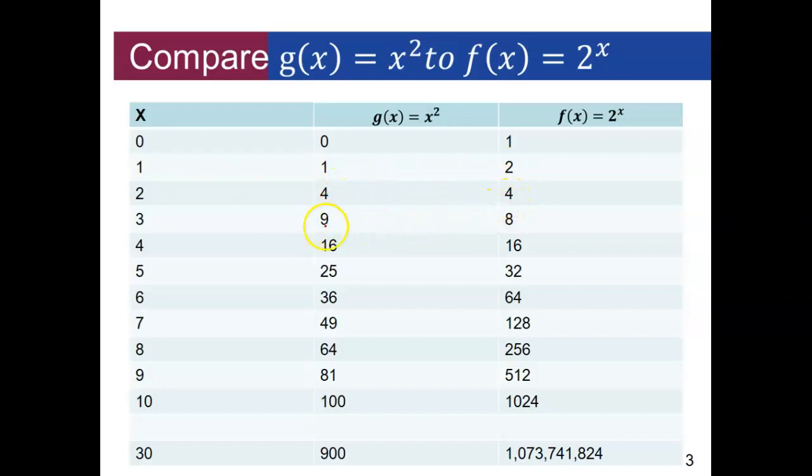And then for a short while in here, the quadratic is actually bigger than the exponential. But then after this point here, where they're the same again, you can see that the exponential function is going to grow much quicker than the quadratic does. And if you look down here, when x is 30, the quadratic is only at 900, but the exponential is at 1 billion.